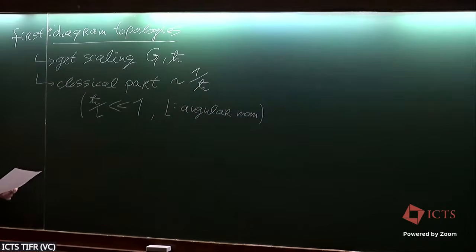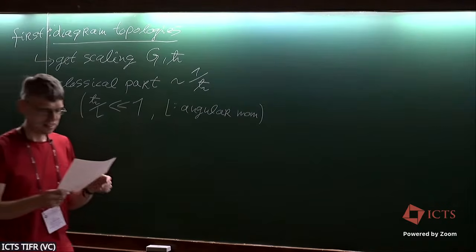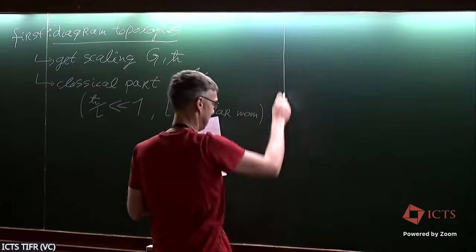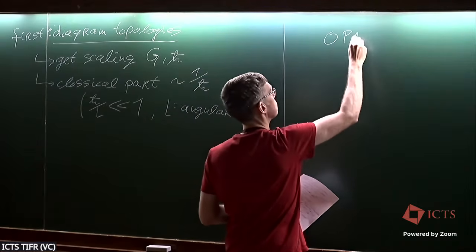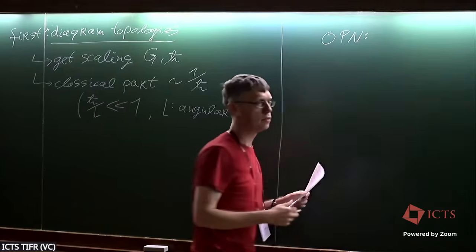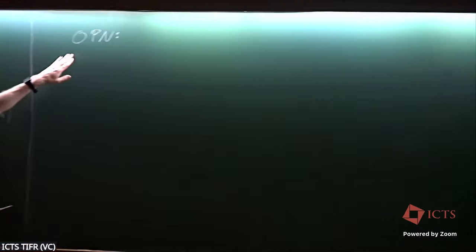All right, so let's start. Let's see where we get. The simplest case would be 0PN. Now we cannot count powers in 1 over c yet, but as we've seen last time, the epsilon parameter is like this.